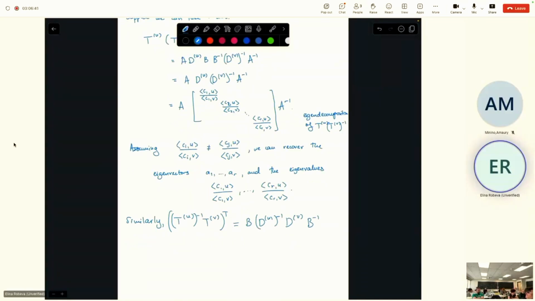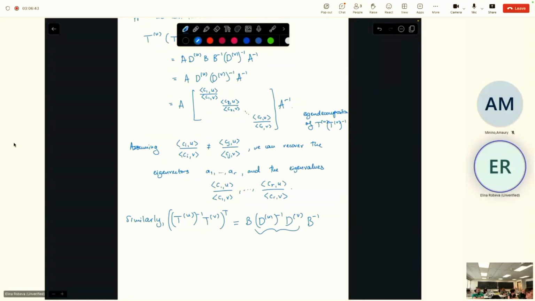And again, this matrix of eigenvalues is exactly the inverse of this matrix. Because they're diagonal, it's exactly the one with c_1·v divided by c_1·u up through c_r·v divided by c_r·u.